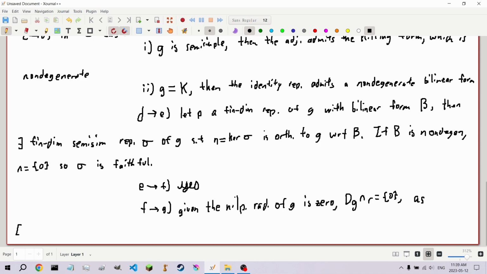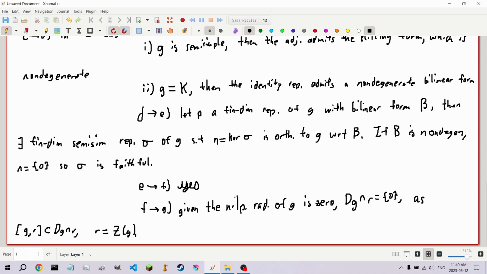And as the bracket of G and R must lie within the intersection of DG and R, it is just going to be the center.